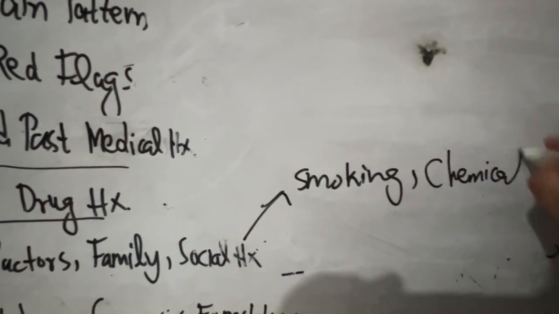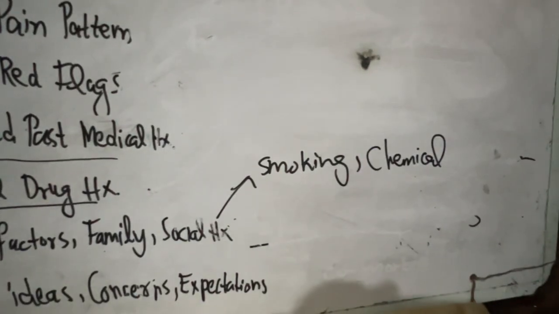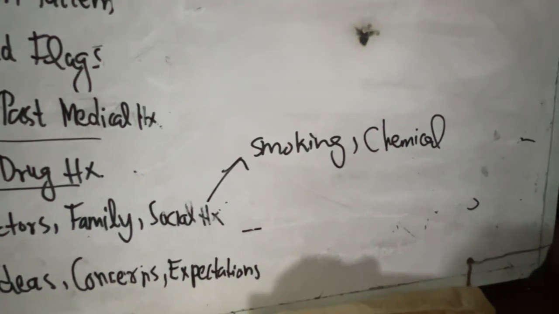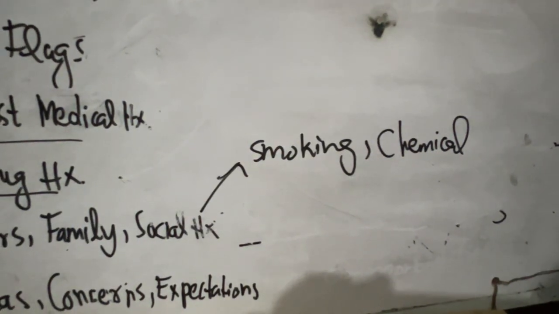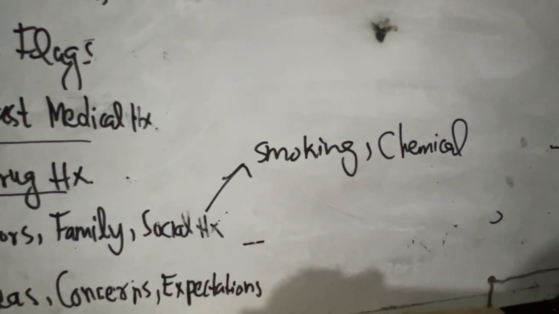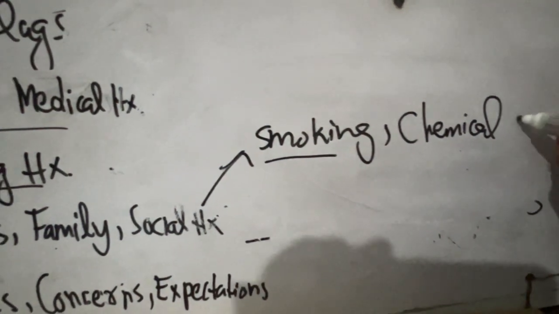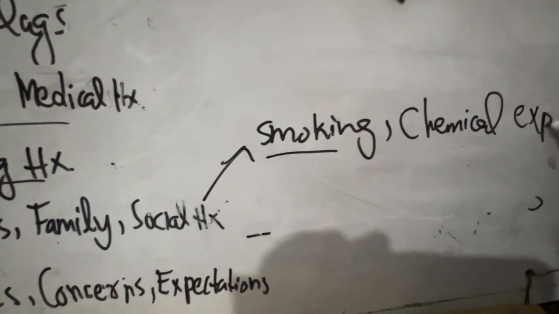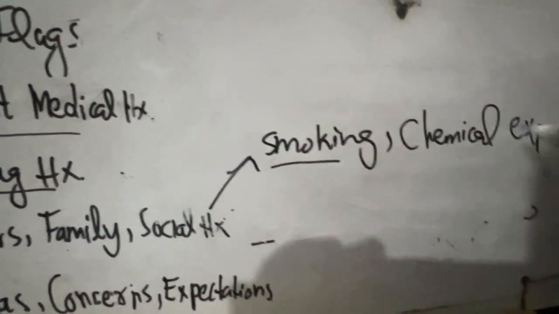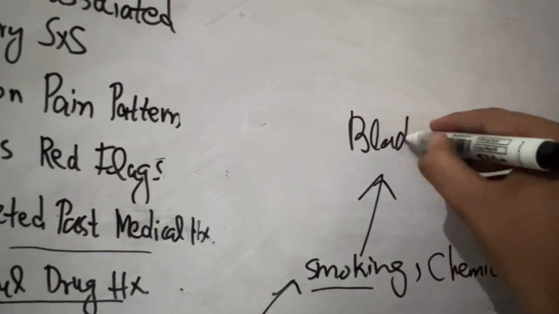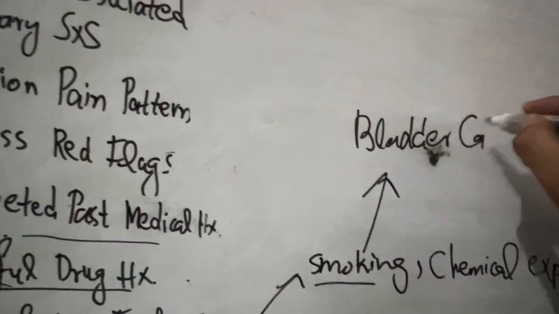If the person works in a paint industry, he may be prone to bladder cancer. So we will ask about smoking history and chemical exposure, because it increases the risk for bladder cancer.